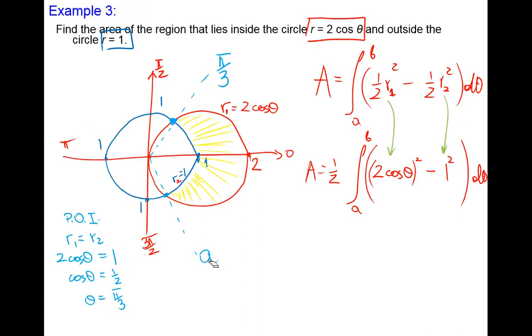And this one we can say negative pi over 3, because we also need the smaller value. It's kind of the same because we will use the symmetry anyway. Okay, now we do have our points.